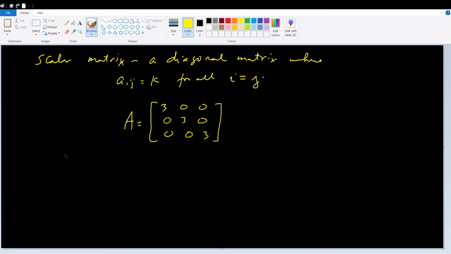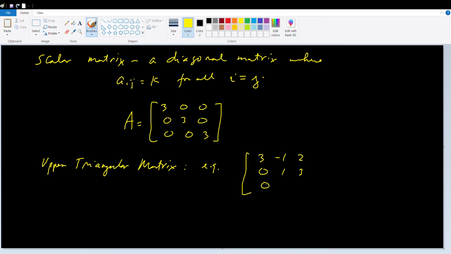Now we also have an upper and a lower triangular matrix. For an upper triangular matrix, an example is 3, negative 1, 2, 0, 1, 3, 0, 0, 5.